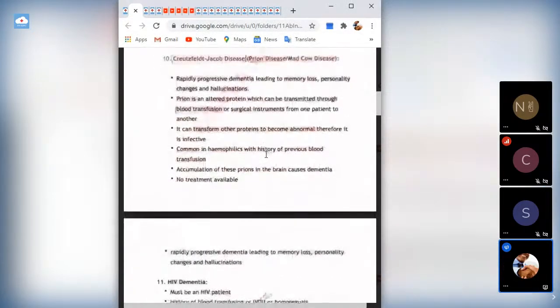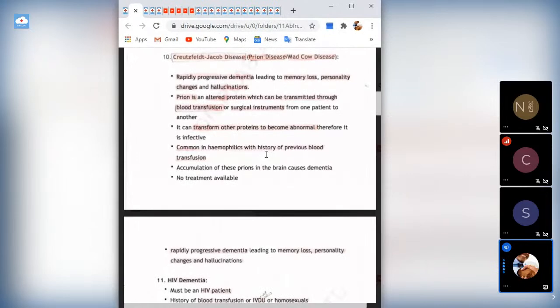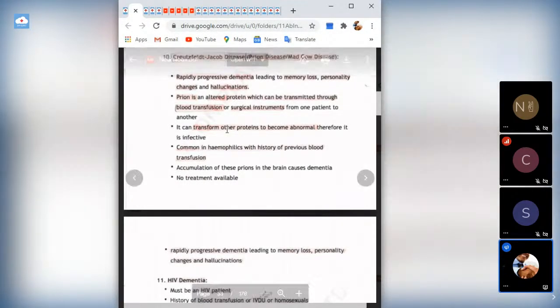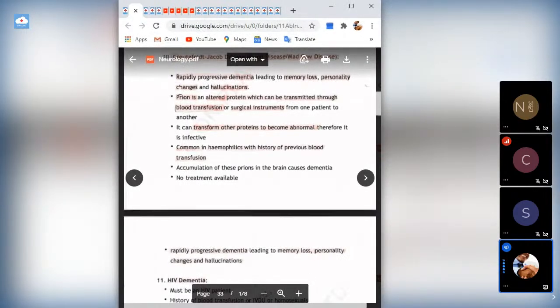There's this other mimic known as Creutzfeldt-Jakob disease, also known as prion disease or mad cow disease. Right? So prions are like proteins, infectious proteins, right? Which when they attack a person's cells, can actually incorporate themselves, okay, and start causing damage to the body's proteins, right? So prion is an altered protein which can be transmitted through blood transfusion or surgical instruments from one patient to another. So it leads to rapidly progressive dementia, leading to memory loss, personality changes, hallucination, very important.